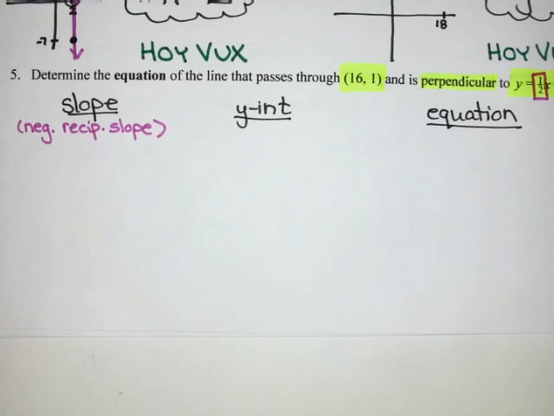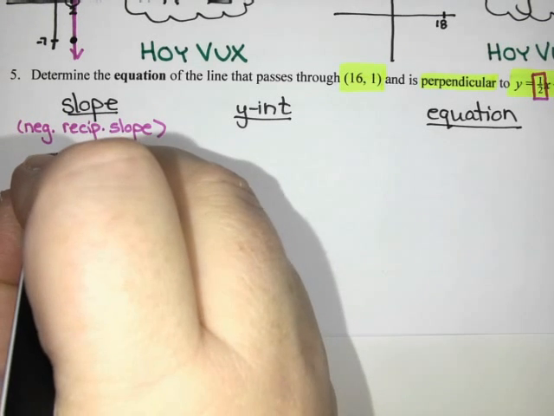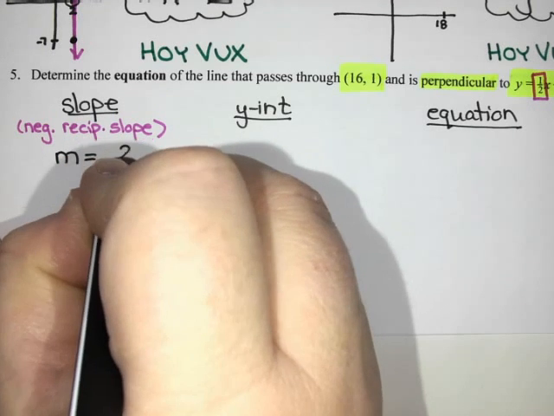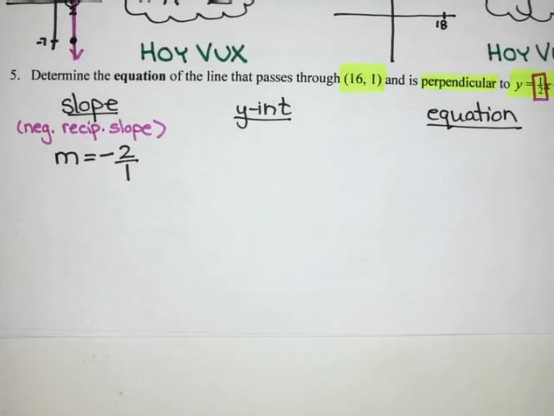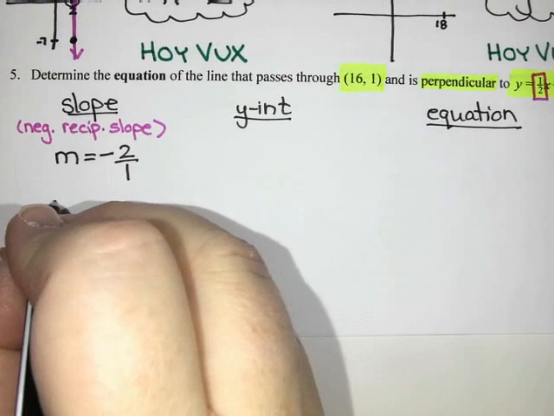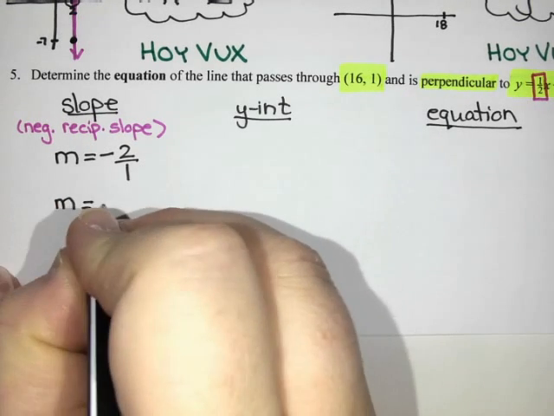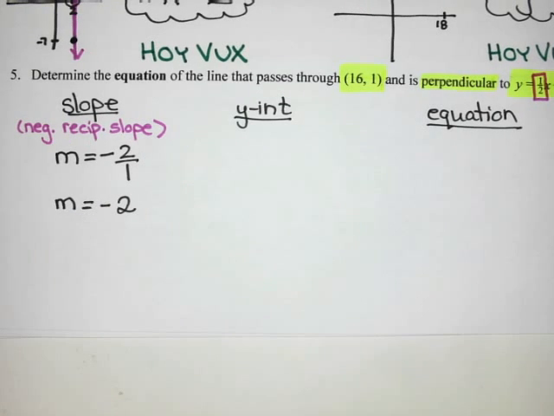Didn't write the whole thing out because those words are way too long. So if my slope is currently 1/2, I would flip that over to get 2/1 and change the sign to make it negative. So it's going to be negative 2/1. And 2 divided by 1 is just 2. So the slope here is really just -2.